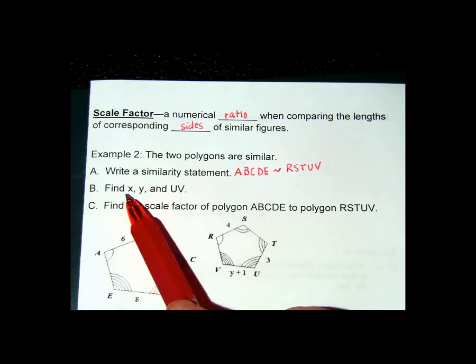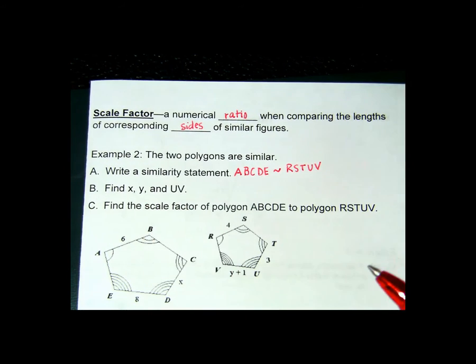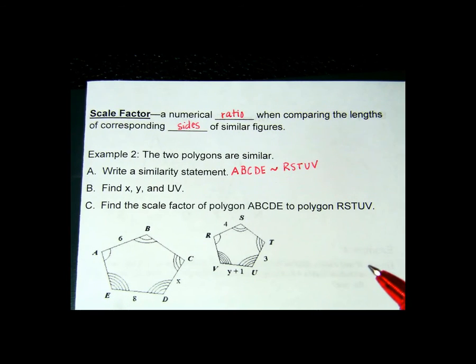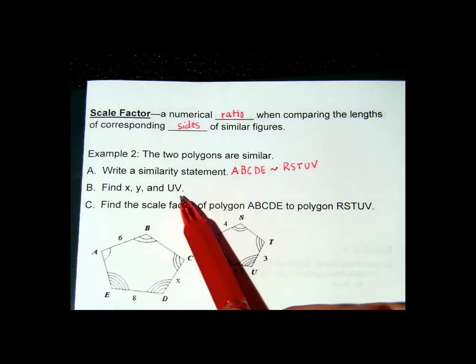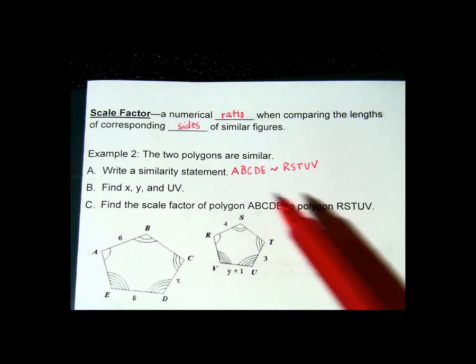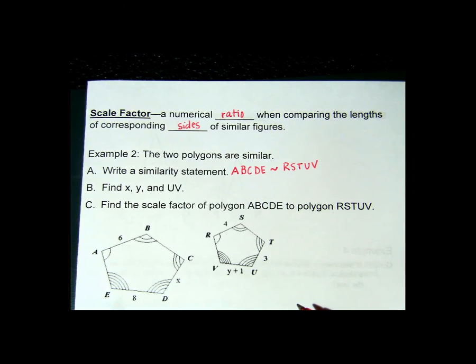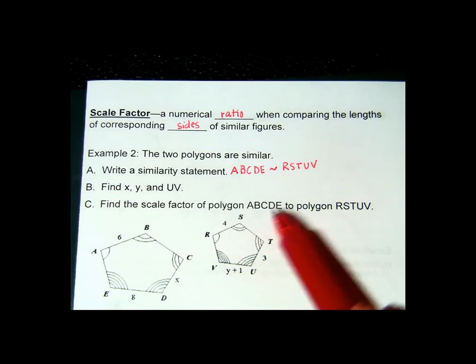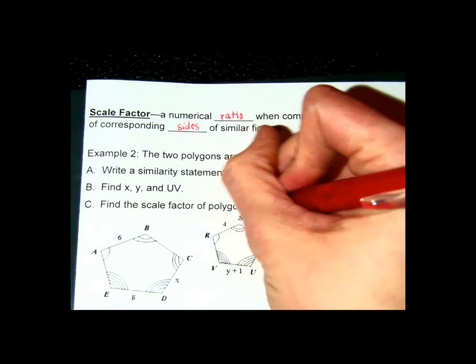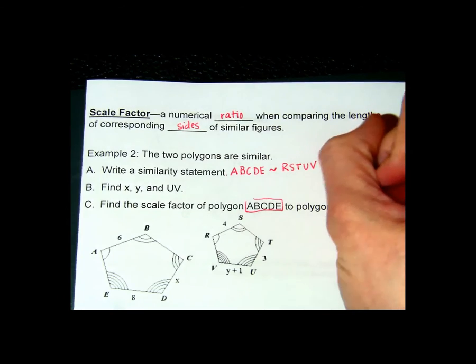Okay. We need to find X, Y, and UV. We are going to have to set up a proportion to do so. We also eventually are going to need to find the scale factor, which we can do here as well. Notice it says find the scale factor, which is going to help us, of ABCD to RSTUV.